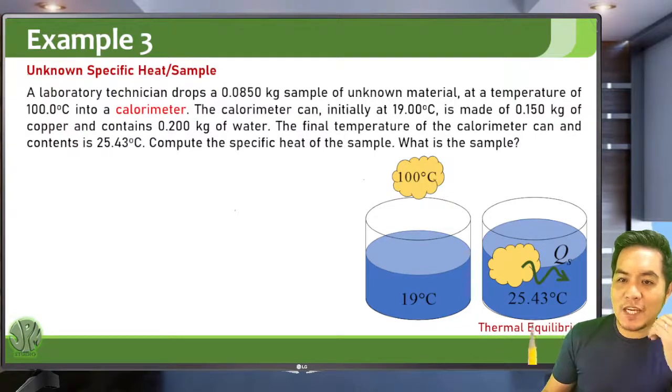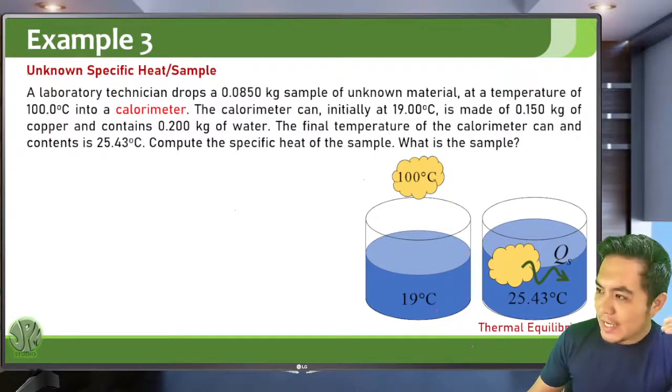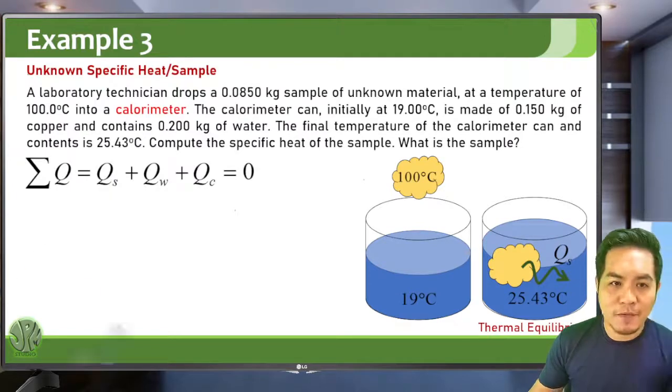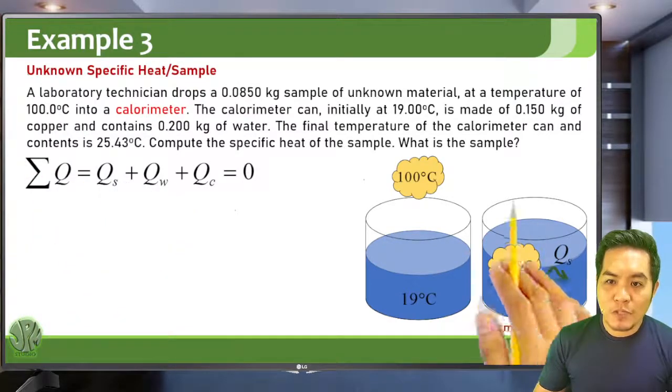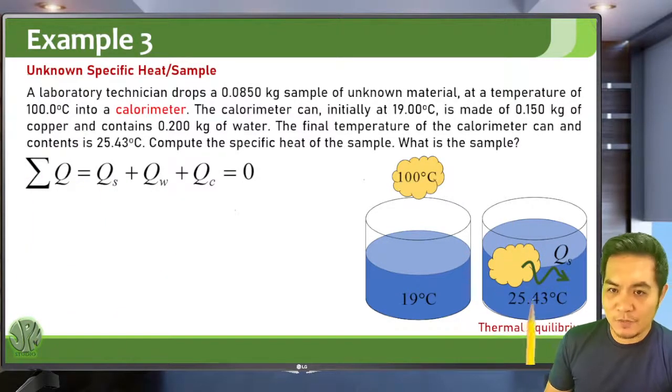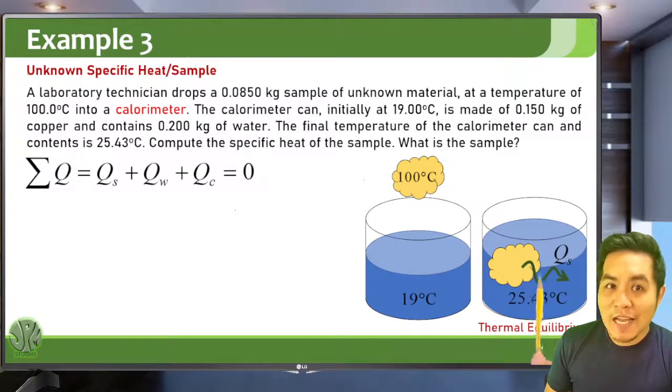What happens here is there's no heat exchange with the surroundings, meaning the total heat within the calorimeter can is 0. So the sample releases heat, and this heat is absorbed by the water and the copper calorimeter can.